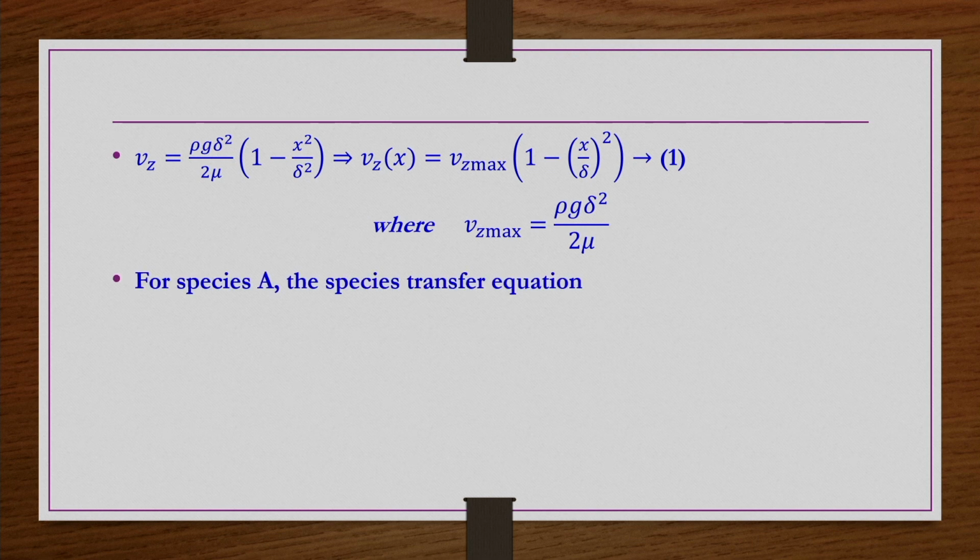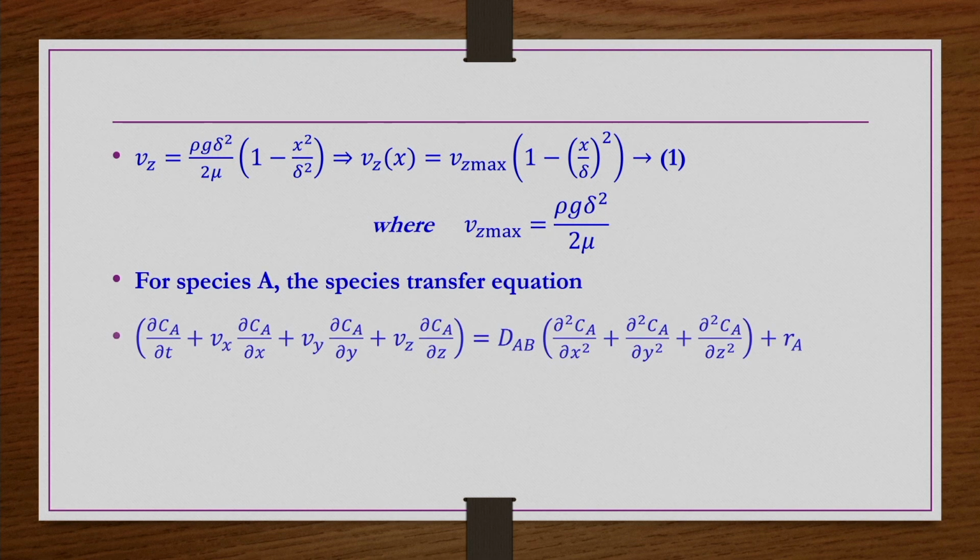For species A, this species transfer equation is this one, like the heat transfer equation we have, like the momentum transfer equation we have. We can find it in any books, we can derive this one also. So, at steady state this term is 0, Vx is not existing, Vy is not existing, Vz is existing, and then C is the concentration of A, which is a function of z and also x.